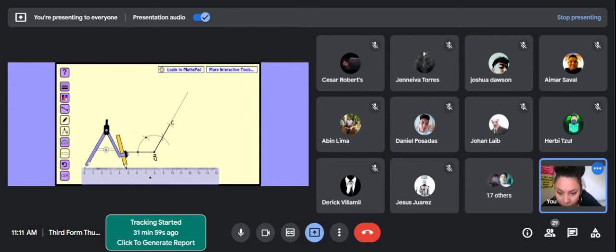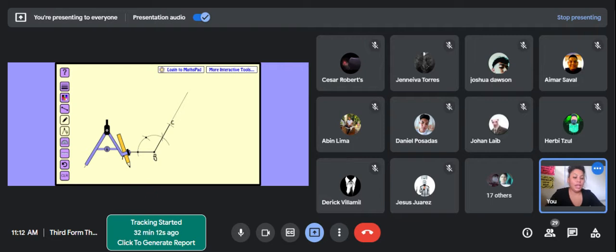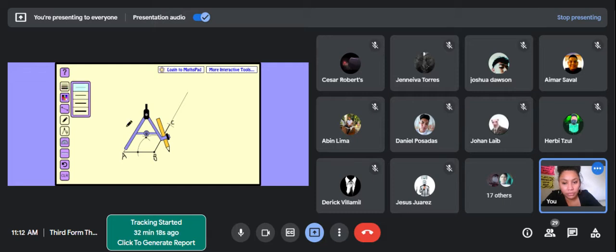5.2. Once you have that, you are going to go to A and draw an arc.